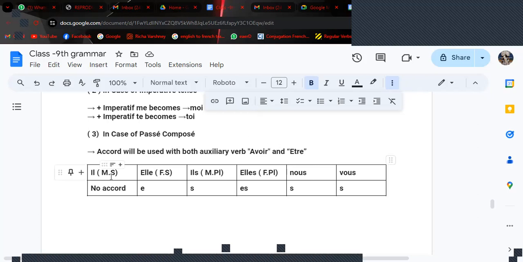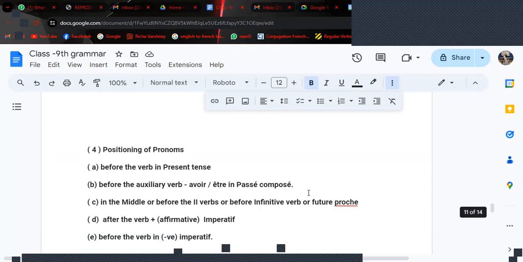So for le, when the object is masculine singular, we will not use any ending. For the feminine singular, we will use e. For the masculine plural, we will use s. For the feminine plural, we will use es. For nous, it will be s. For vous, it will be s.